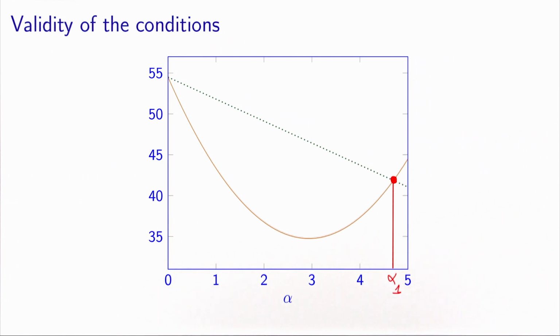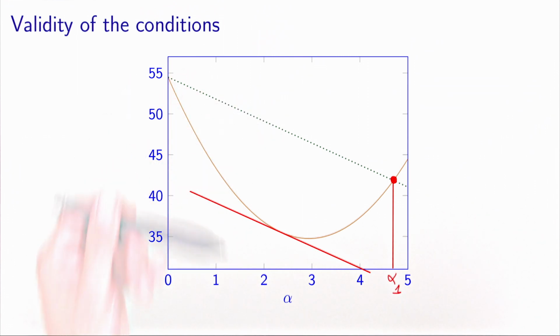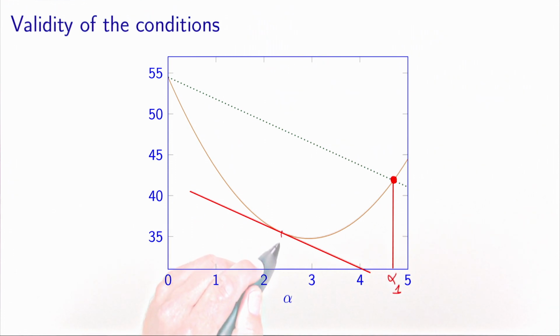This is called the mean value theorem. So this should be somewhere here, let's say. This is the tangent, and we choose the point where the tangent has exactly the same slope as the line that defines the Wolfe condition. Here we call this point alpha 2.